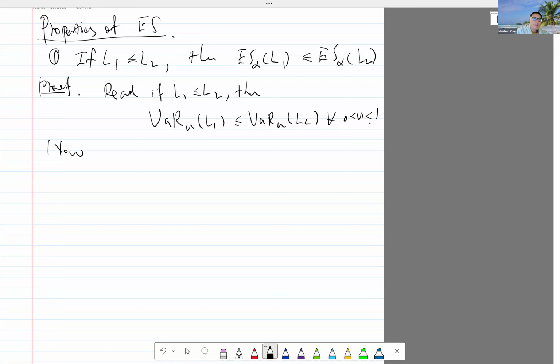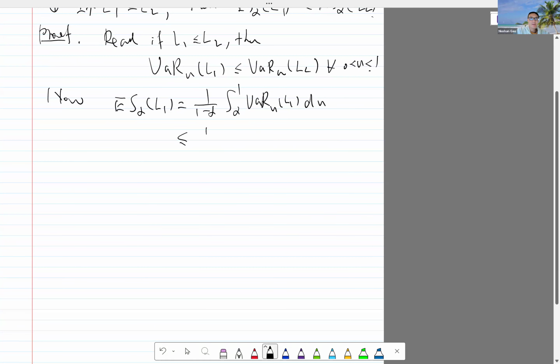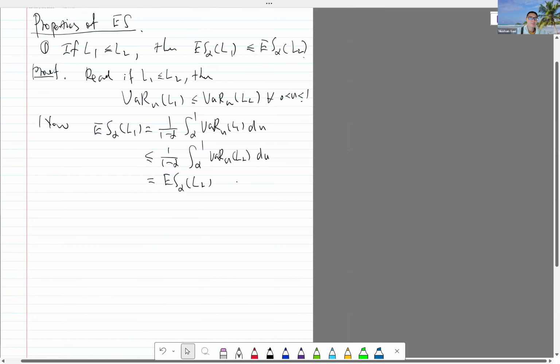Now, expected shortfall is the integration, 1 over 1 minus alpha integrated from alpha. This is the value at risk of L1 is less than or equal to value at risk of L2. So you get that. And this is just the expected shortfall of L2. So good.